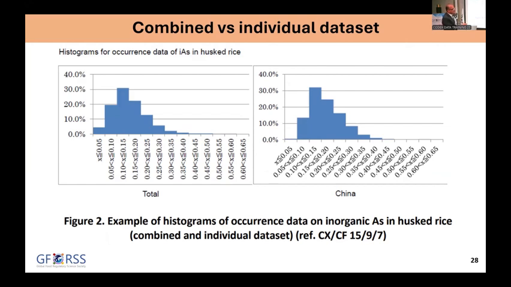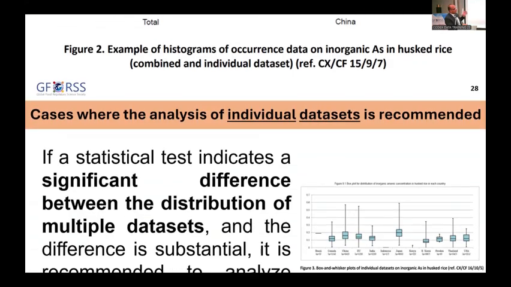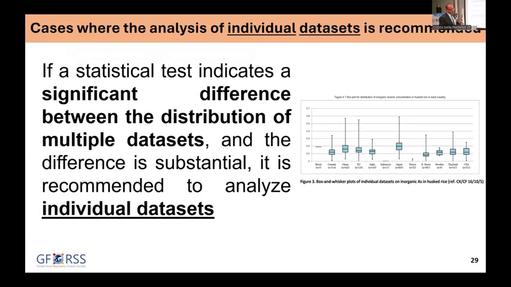So this is an example when you have individual data sets and a combined data set, coming from statistically the same sources. So as you can see, it's relevant and it's more or less the same input.